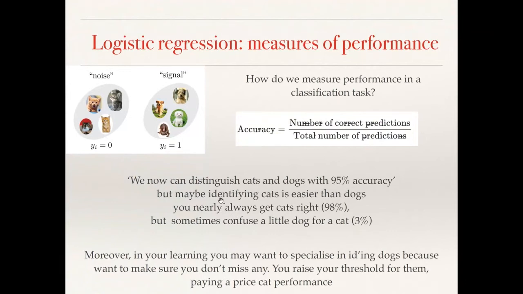But maybe for you, because you've seen more of those, identifying cats is easier than dogs. In fact, you nearly always get cats right, 98% of the time. But sometimes you confuse a little dog for a cat. And maybe because you haven't seen that many dogs in your life, it's not that common to you.